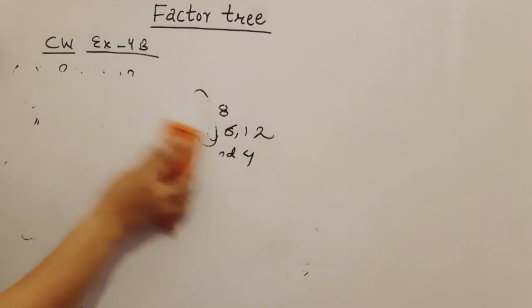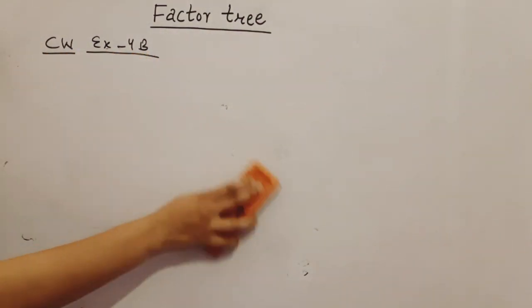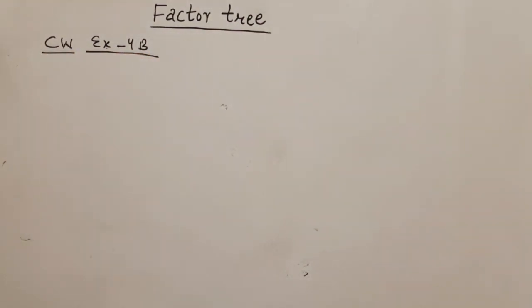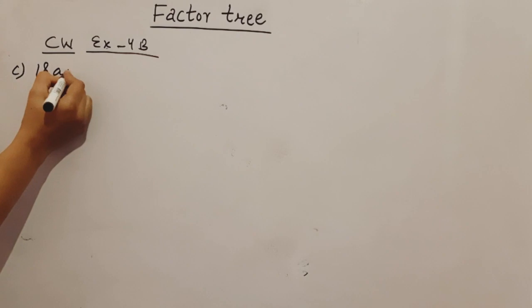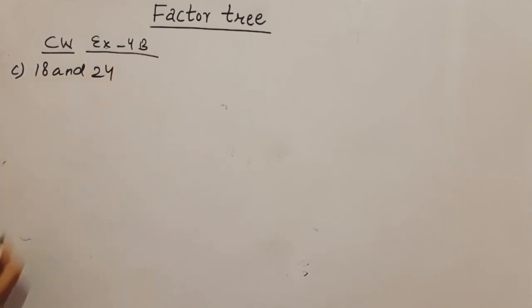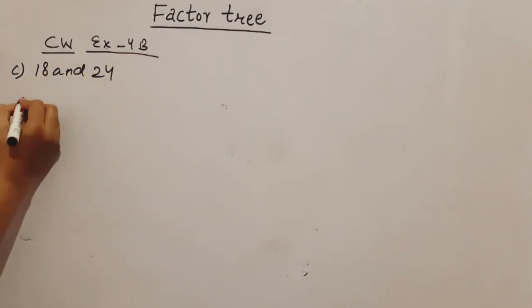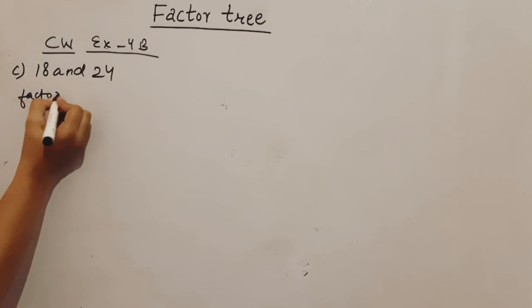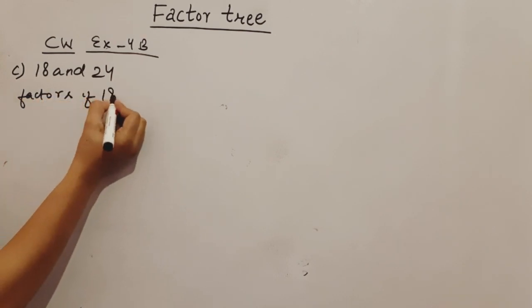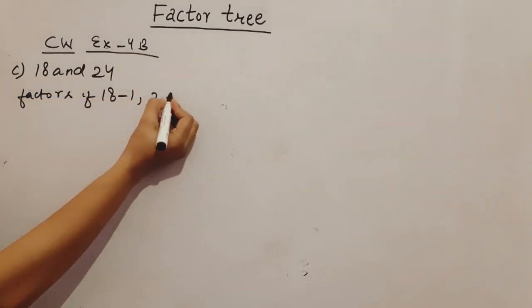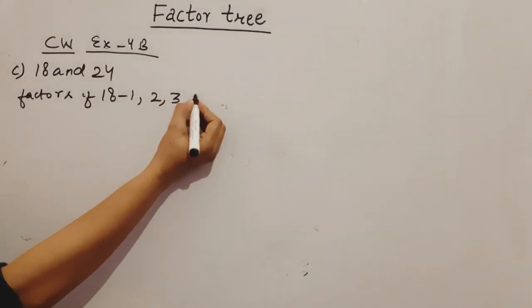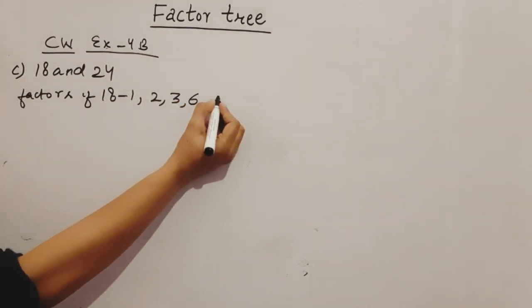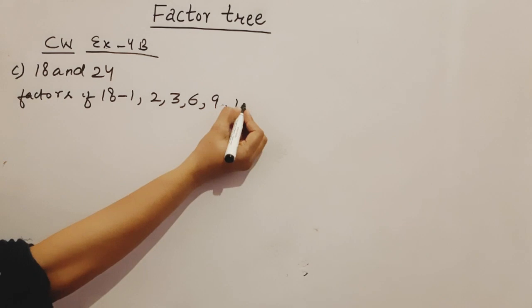You are supposed to do all these options in your classwork copy. So the C option says that 18 and 24, right? So firstly we are going to write the factors of 18. Factors of 18: 1, 2, 3, 6, 9, 18.